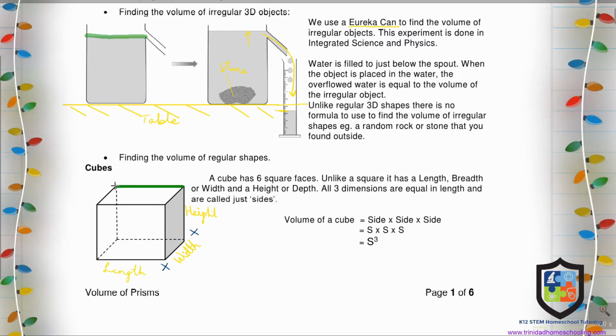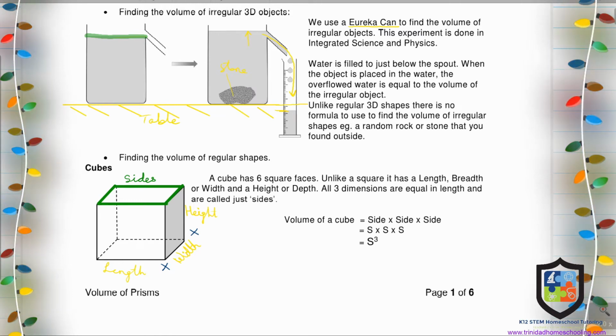We know all the sides are equal in length because a cube is made up of 6 square faces. So it's all square, and we're going to call these sides. The volume of a cube is actually side times side multiplied by side.